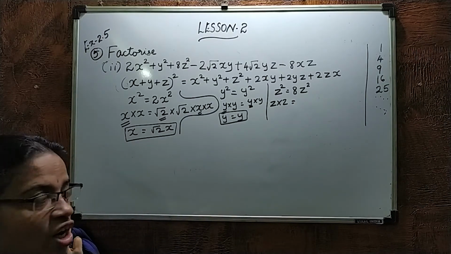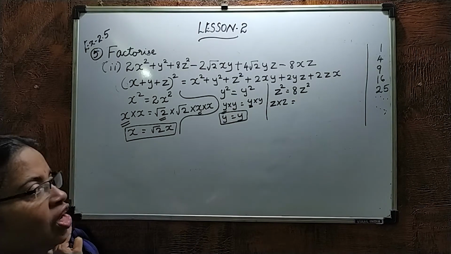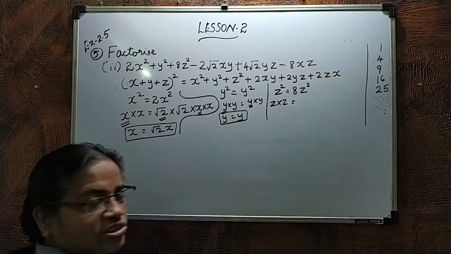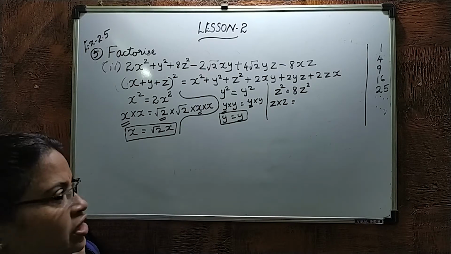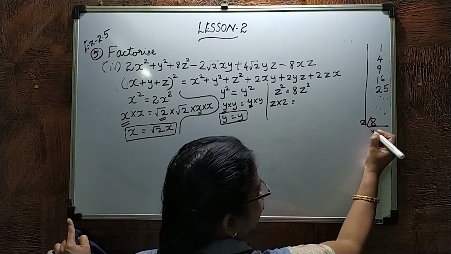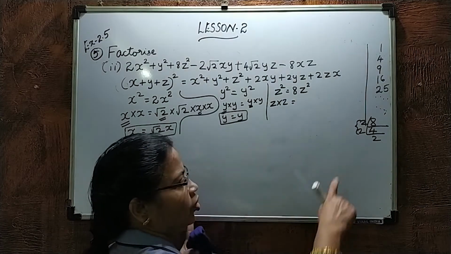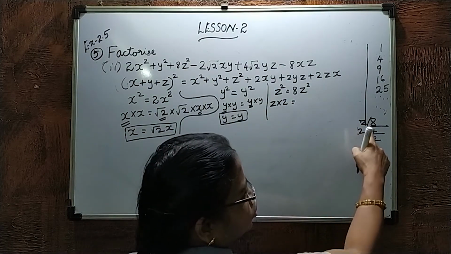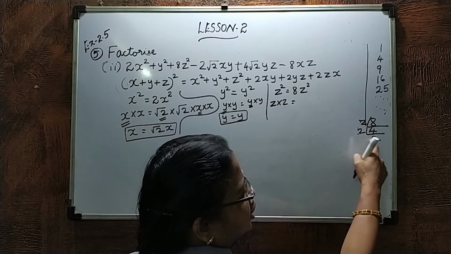So you have to find out which number, if you multiply the same number, you get the answer 8. How will you find out? Just find out the factors of 8. 2 4s are 8, again 2, again 2. Okay, you will do like this, right? So 2 4s are 8, and then again 2 2s are 4.